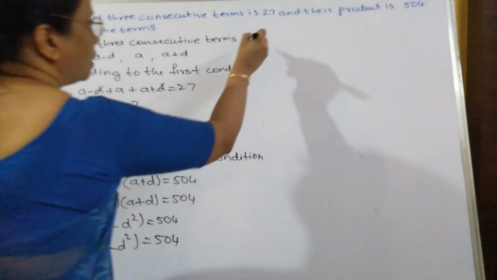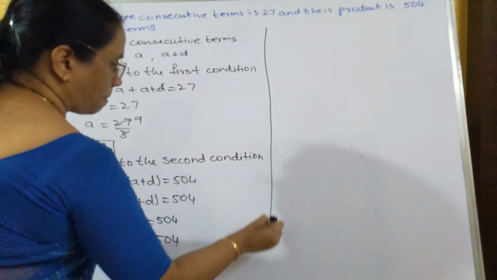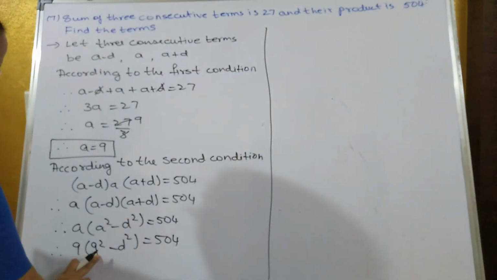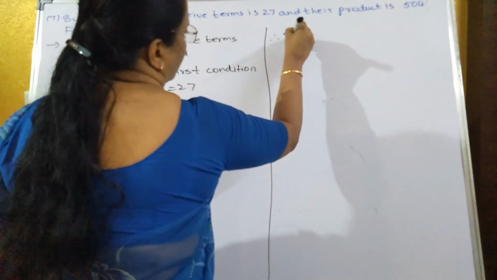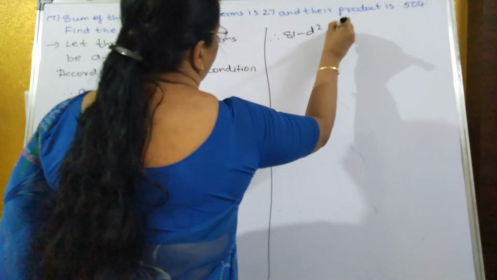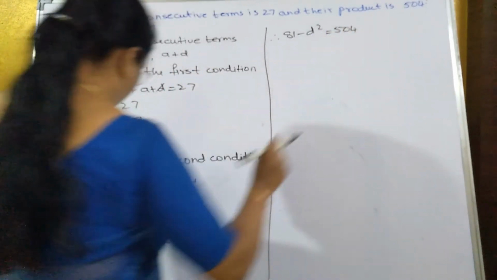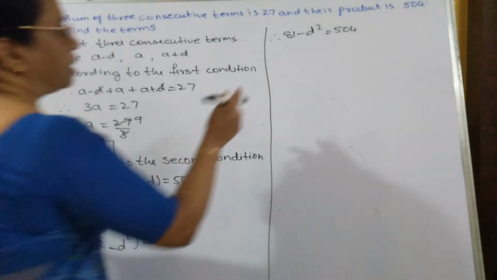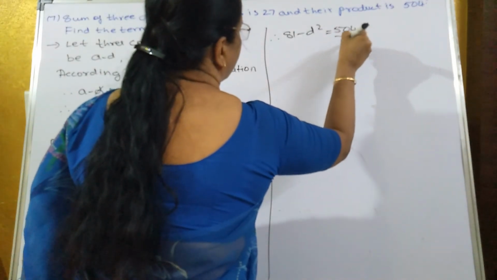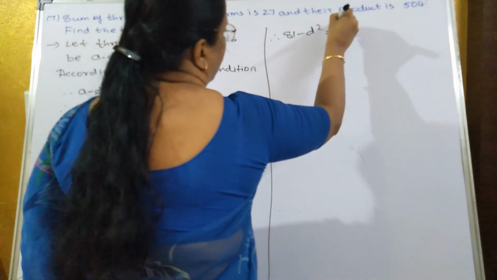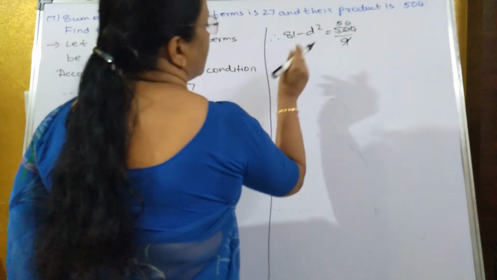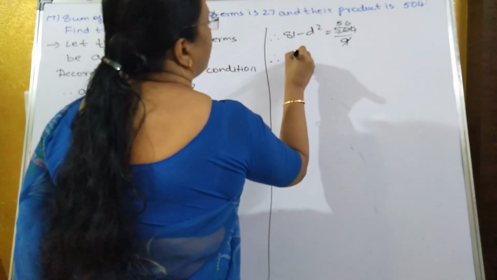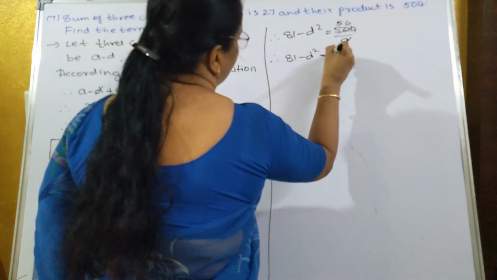So what you will get? 9 square will become 81. 81 minus D square is equal to 504, and this 9 will come below 504. So 504 upon 9, it goes in 9's table. 9 5s are 45, 9 6s are 54, so 56. So therefore 81 minus D square is equal to 56.